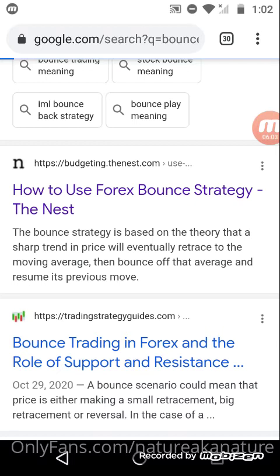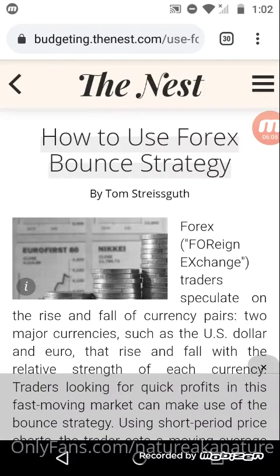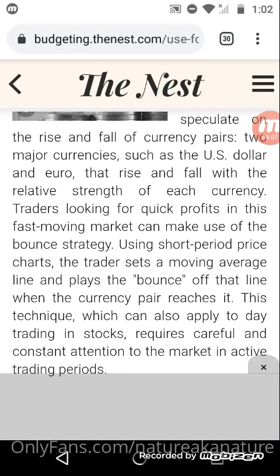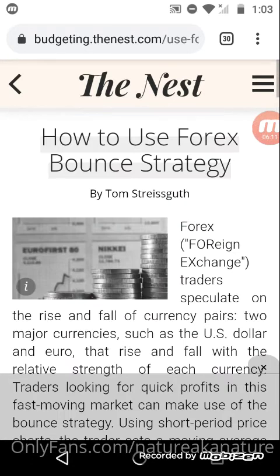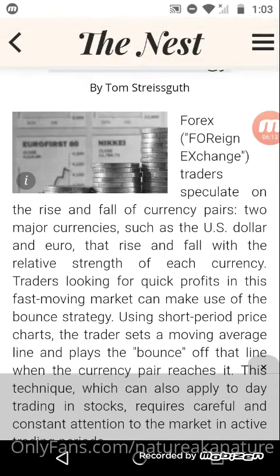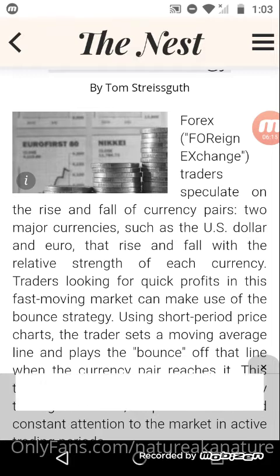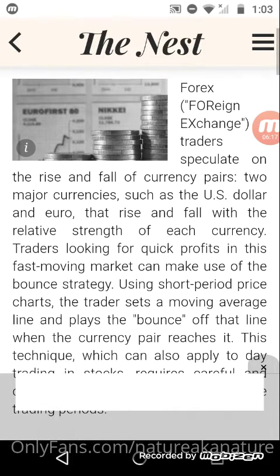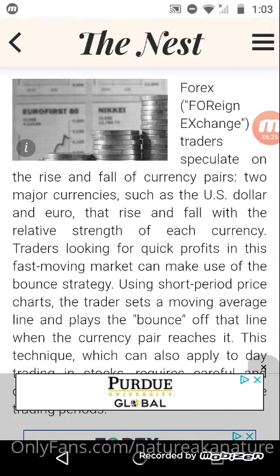Alright, so Forex stands for foreign exchange. Foreign exchange is a rise and a fall against currency pairs, such as the US dollar and the euro, which is the most common currency pair to use in Forex.